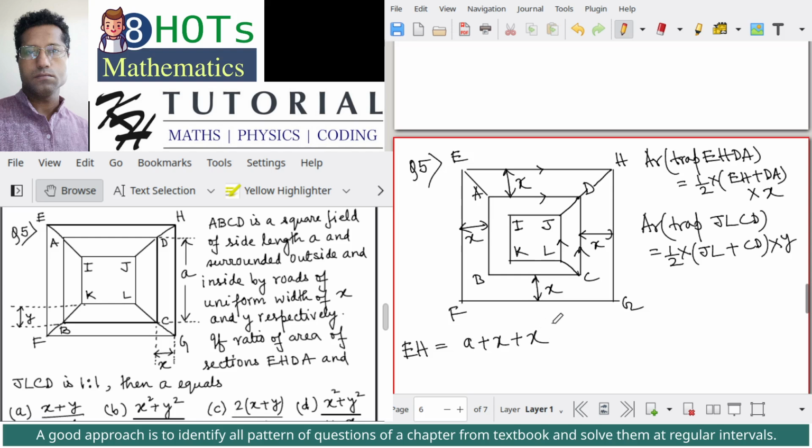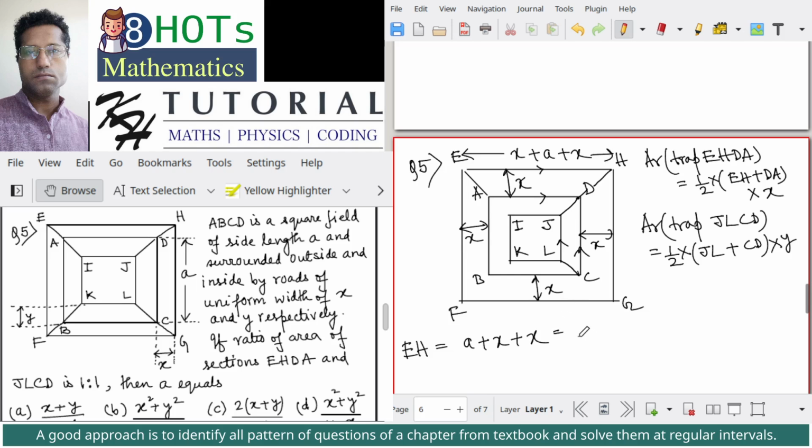Why 2x? Because on the left-hand side there will be a road, and also on the right-hand side there will be the road. So EH is the road of width x, then the square field, and then again x.